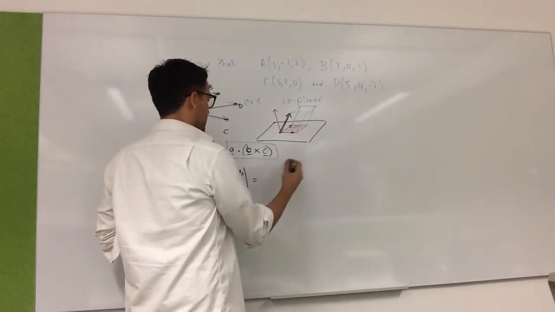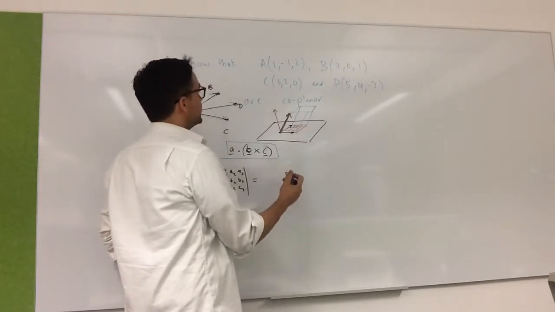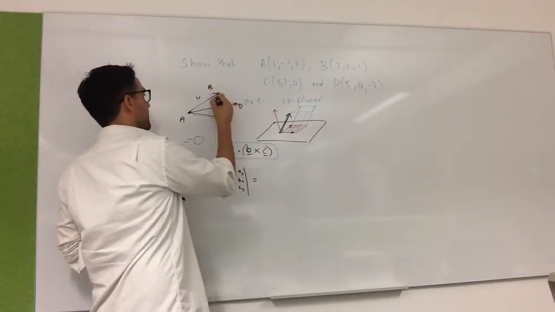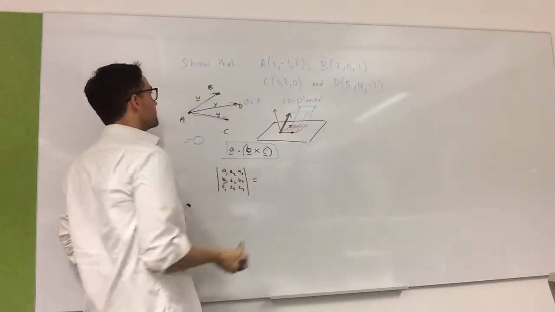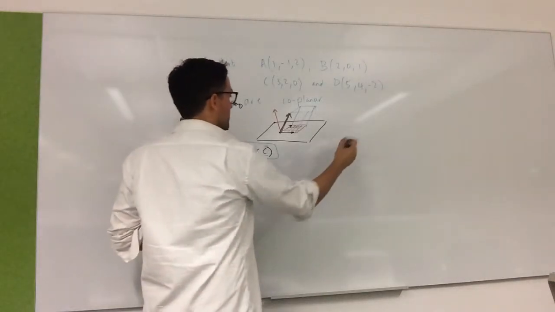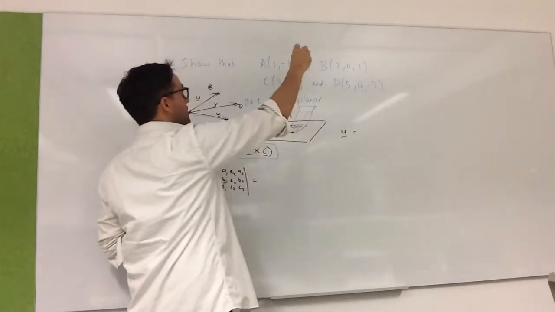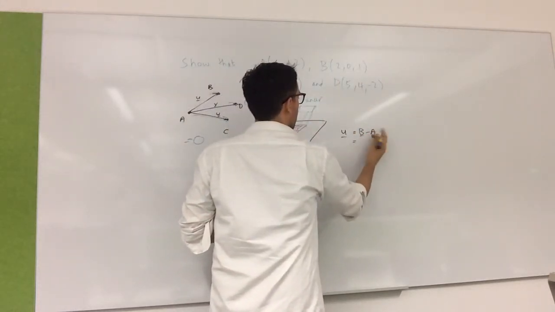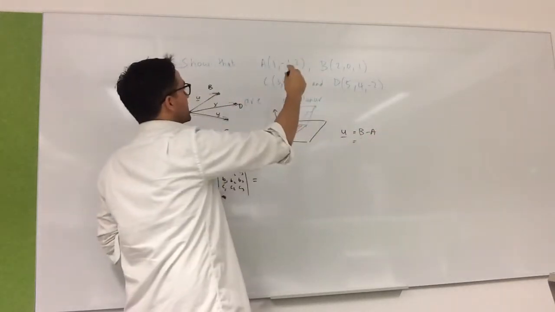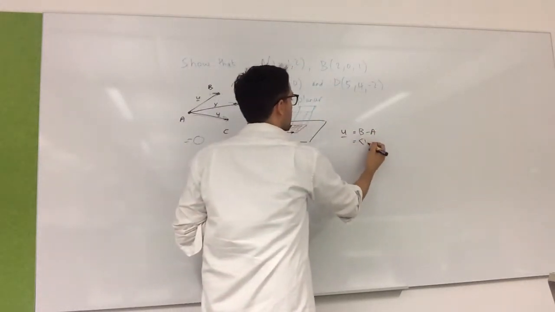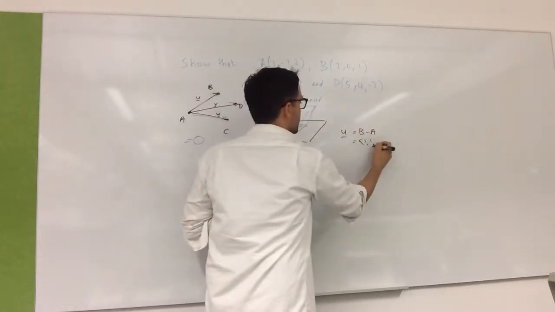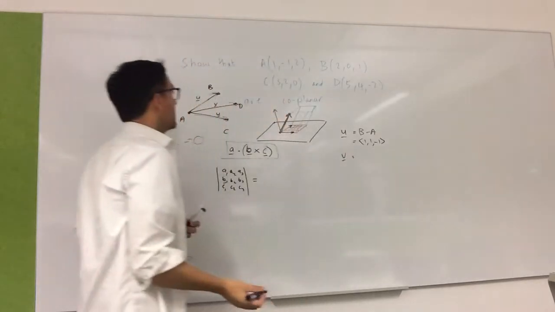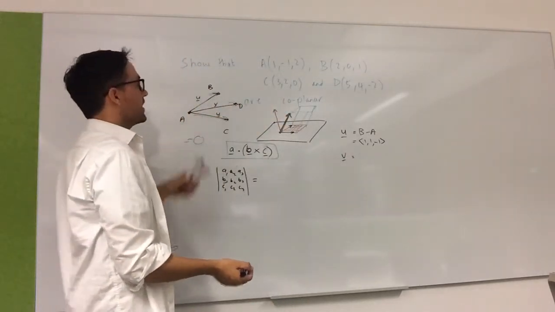Let's call them U, V, and W. U is B minus A. They're just points. So U, which is going to be A to B, is 2 minus 1, which is 1, then 0 minus -1, which equals 1, and then 1 minus 2 equals -1.